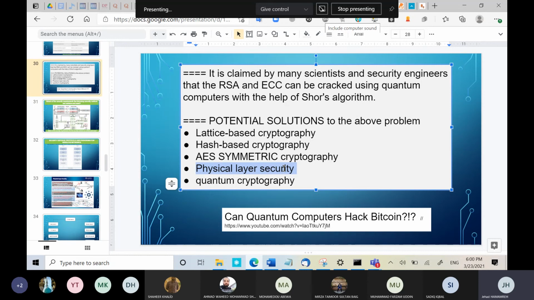On the other hand, you won't need complex mathematical functions like elliptic, lattice, hash, and those complex functions to generate your encryption method, to generate an encrypted message. In addition, it can coexist with low complexity devices that require light encryption.